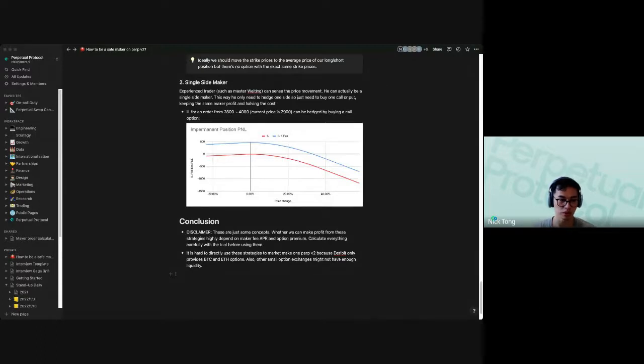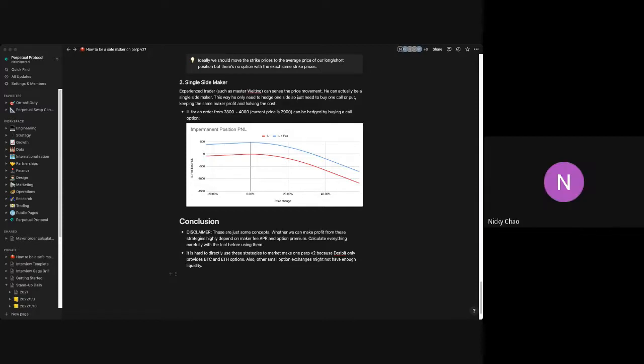I'm just curious if you've got any numbers on actual net APR, taking into account the hedging costs and whatnot. I don't think I can give any numbers here because we can't even know how much the maker fee APR is right now. If you see the exchange maker page, the APR range is just so large.